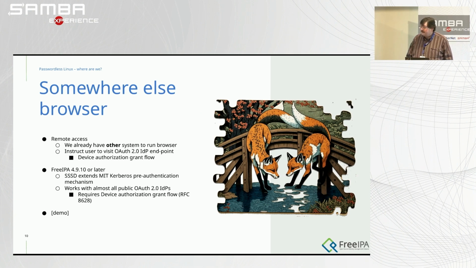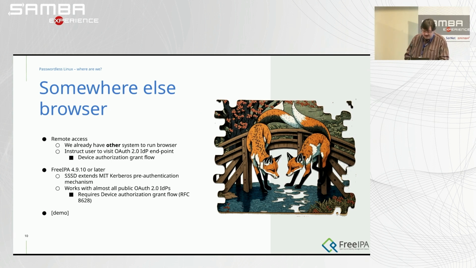Well, in FreeIPA we implemented it last year, so we have support to log in using OAuth2. Not just Azure AD, it works for everything except GitLab. GitLab does not support the device code authorization flow. It's a problem of the Ruby OAuth authorization framework that they use there.